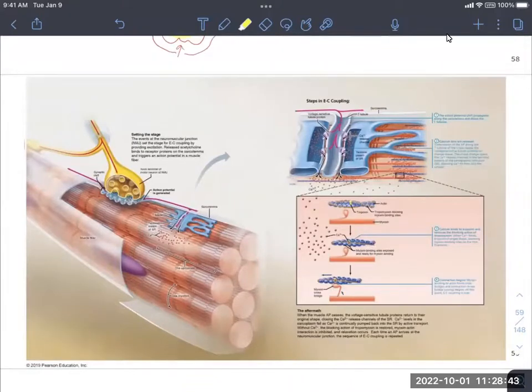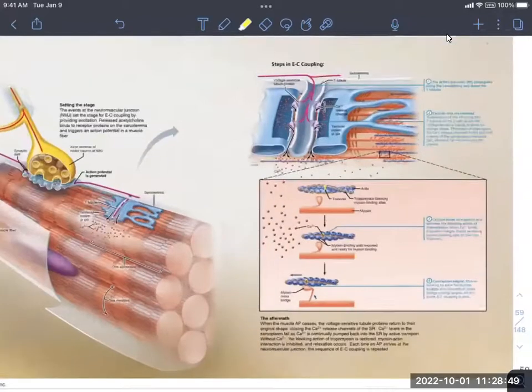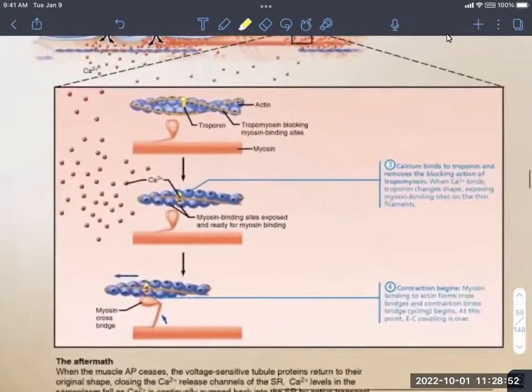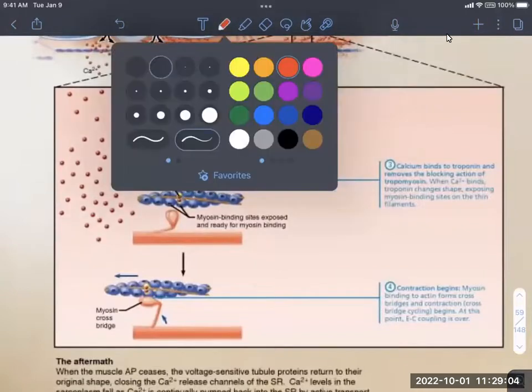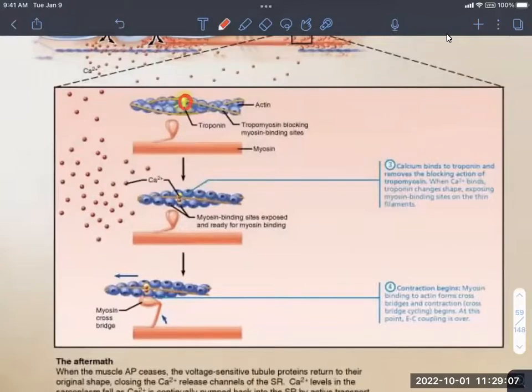And it causes calcium to be released, which is needed because calcium is going to bind to troponin. Troponin is this yellow piece right here.